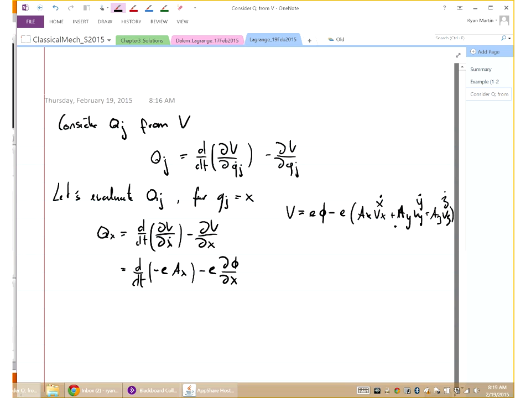And then it's minus ∂V by ∂x, so all the next terms with the A's in them are going to be positive. So then it's plus e x dot ∂Ax by ∂x plus e y dot ∂Ay by ∂x plus e z dot ∂Az by ∂x.